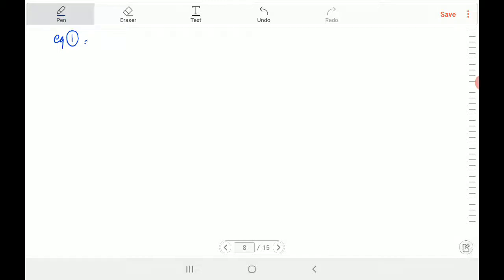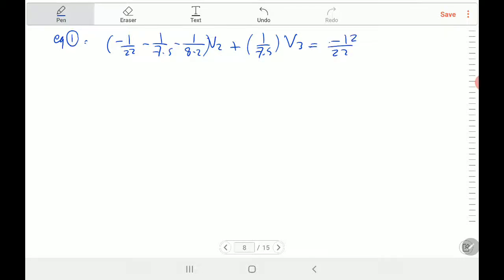You will find equation 1 will be something like that: minus 1 over 22 minus 1 over 7.5 minus 1 over 8.2, all this multiplied by V2, plus 1 over 7.5 V3 equal minus 20 over 22. Try to check, because it's just substitution. There's no idea in it. It's just the same thing.